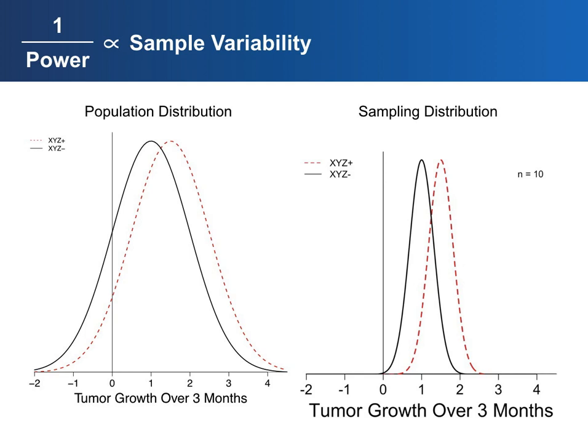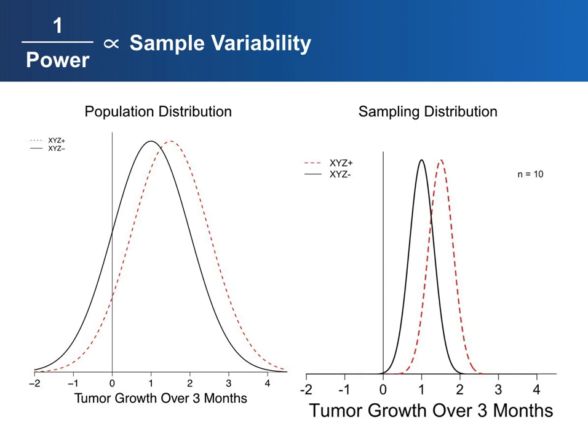There is a difference between them, but there's lots of variability in people, and those distributions overlap. If you just looked at one person and said, oh, their tumor growth was 2, you would not be able to definitively say whether they had the XYZ mutation or not based on that information.